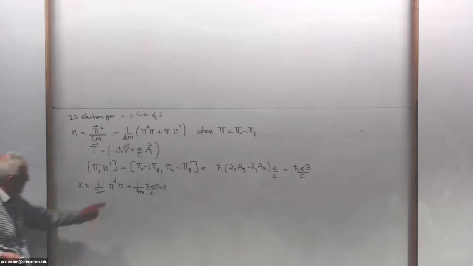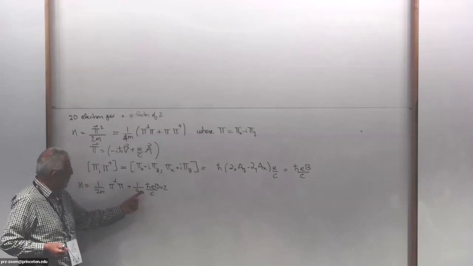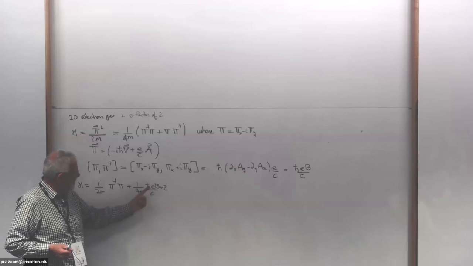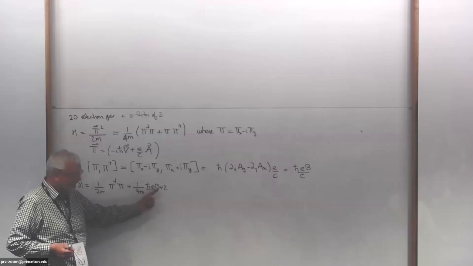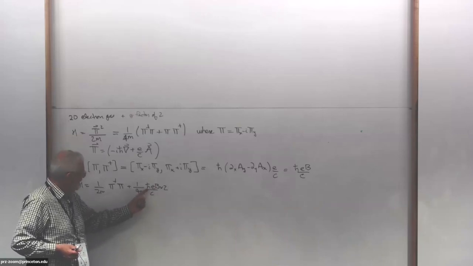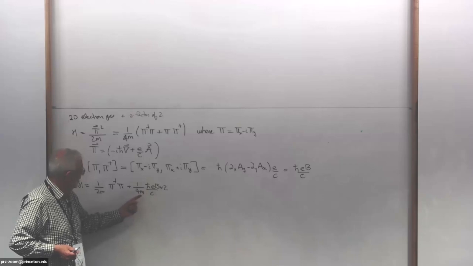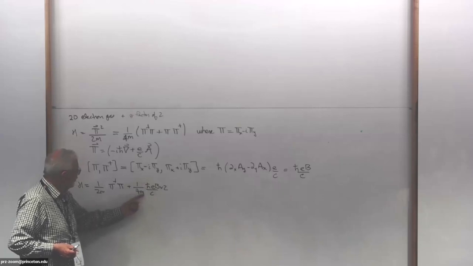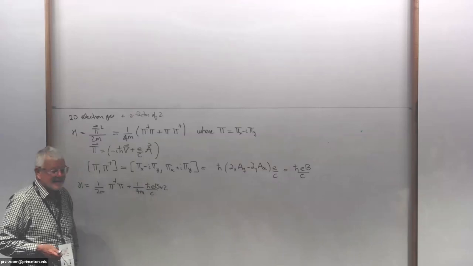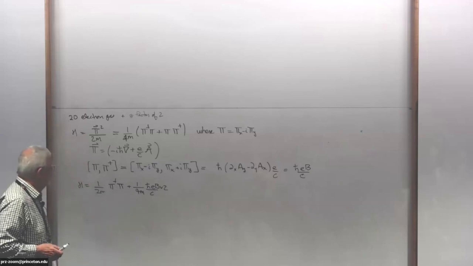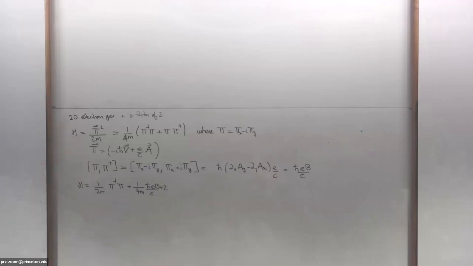I'll figure out later where I dropped it, but you recognize this eB, this is B, the magnetic field. And the other factors are ħ over 2mc, okay? And that's the electron Bohr magneton, eħ over 2mc.